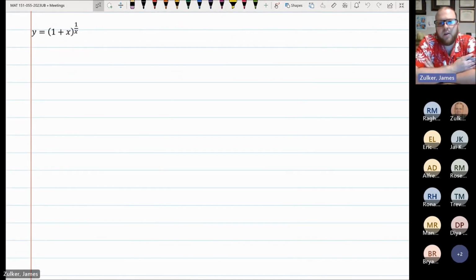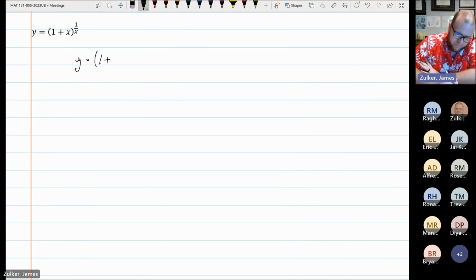Let's look at logarithmic differentiation so that we can find the derivative of a non-constant function raised to a non-constant function. Right, so here's the procedure.